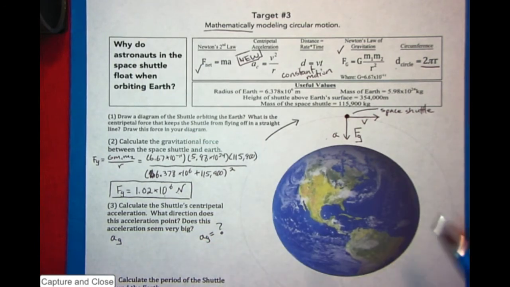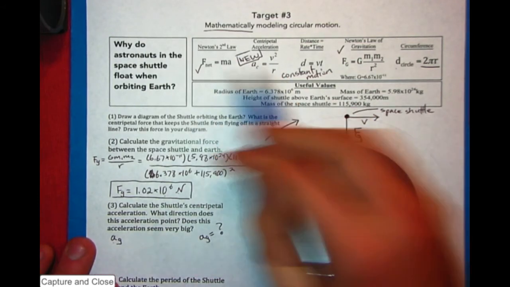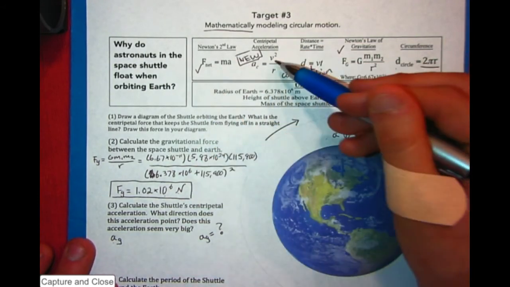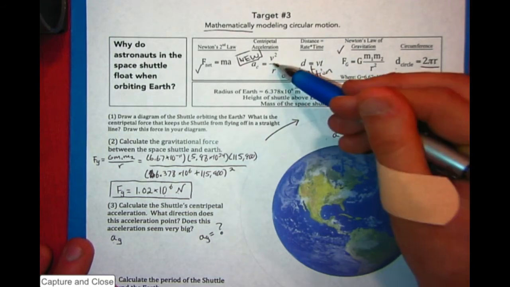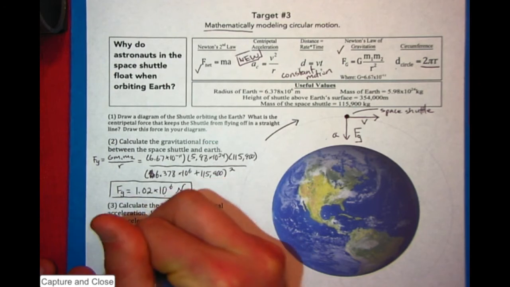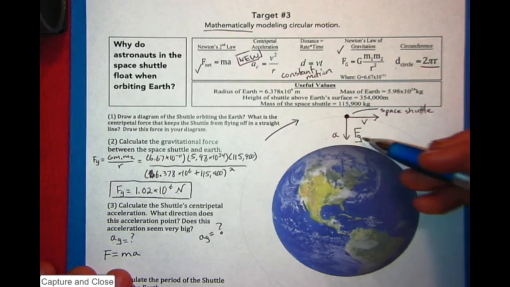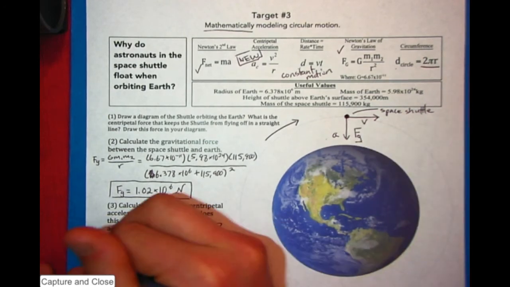My unknown in this case is going to be my acceleration due to gravity. These are the only two equations that I could use here. I don't know my velocity at this point, so I'm going to use my Newton's second law equation. My only force in this case is the force of gravity, so that's going to be my net force.